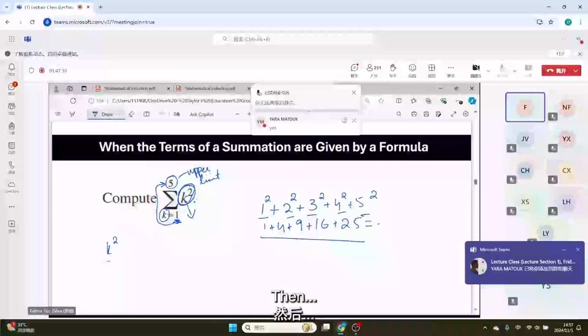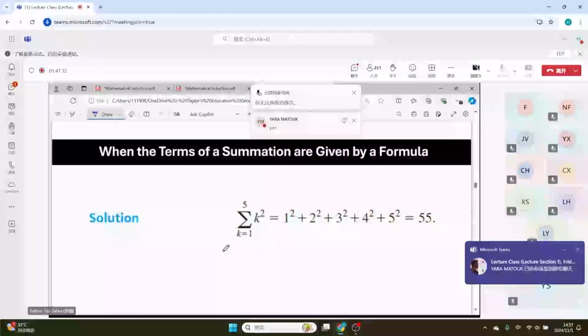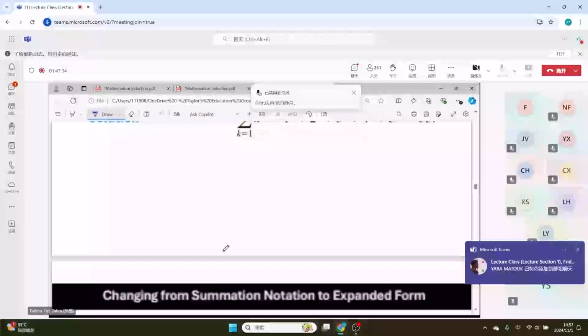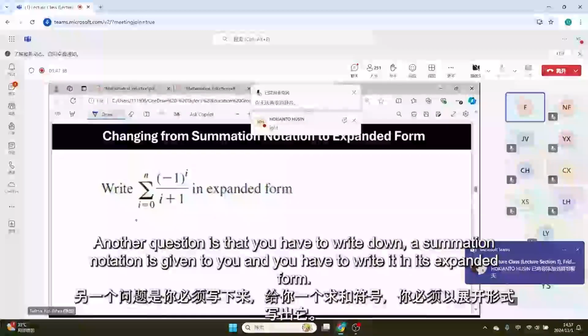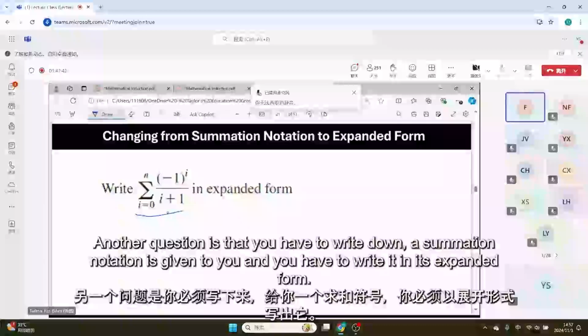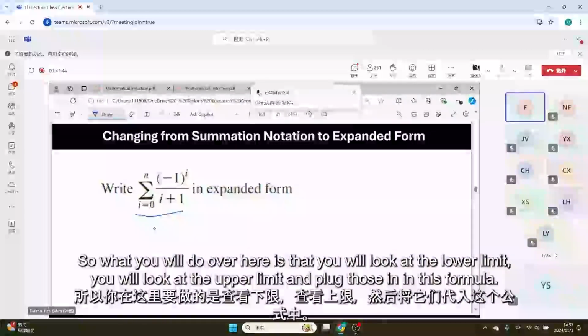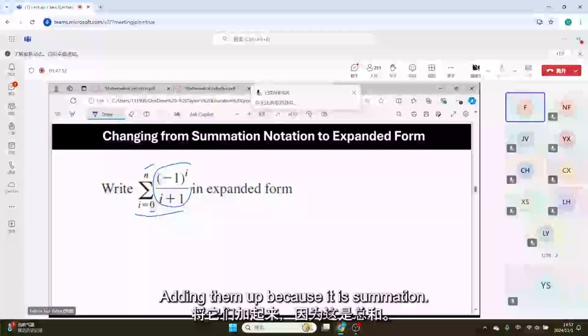Another question is where a summation notation is given to you and you have to write it in its expanded form. What you will do here is look at the lower limit and the upper limit, and plug those into this formula, adding them up because it is summation.